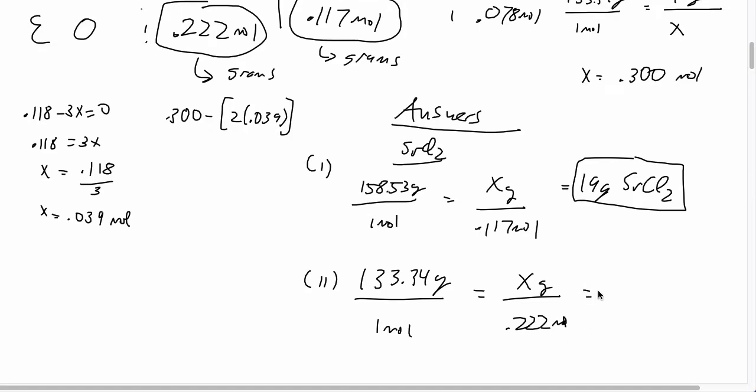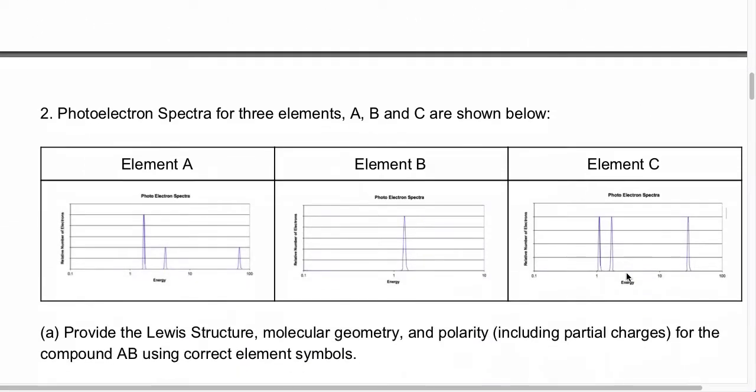So that is equal to 0.222 times 133.34. And that's equal to 29.6, but we're just going to round that up to 30 grams of that excess. Let's move on to the next problem.